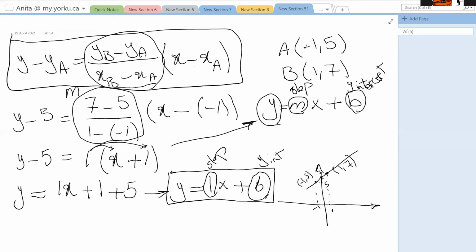So you got to memorize this: y minus ya equals yb minus ya over xb minus xa times x minus xa. Then you just put xa and ya and xb and yb into the formula and you find it. You understand? Yes, I understand.